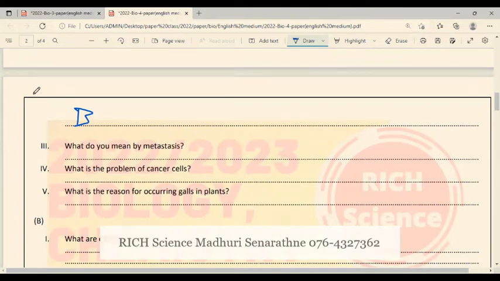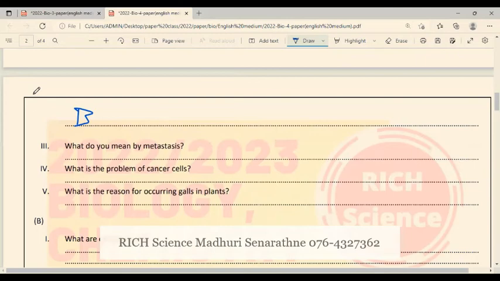First point, they do not consider the normal signals that regulate the cell cycle. Second point, they do not need growth factors.